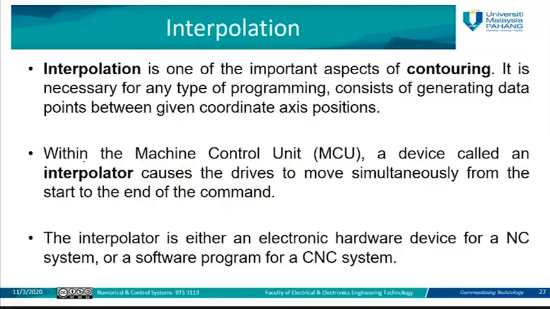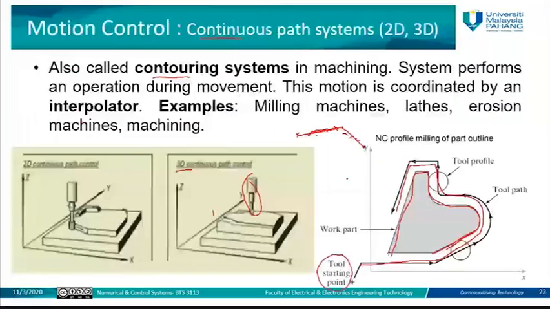So this interpolator will define the path of the continuous path that we mentioned before. If we see here, we said we have a continuous path. So this is a continuous path. We have many coordinates here from the start point at this point until we reach the end point. So we need to define coordinates along this path. So who will generate these coordinates? It is the interpolator.